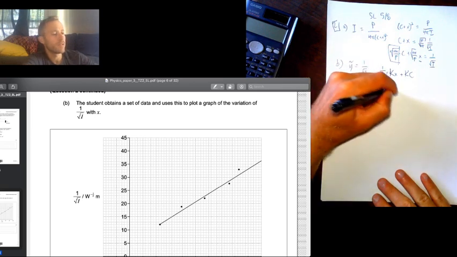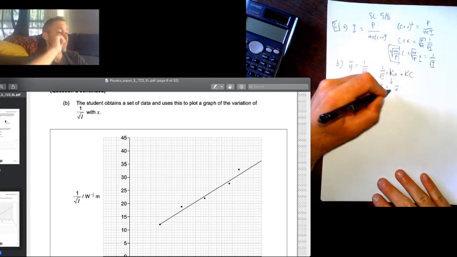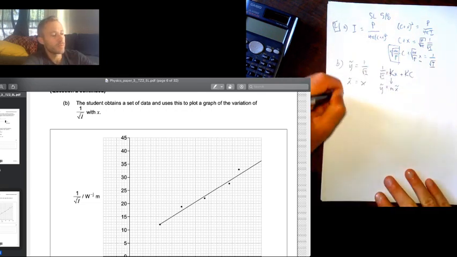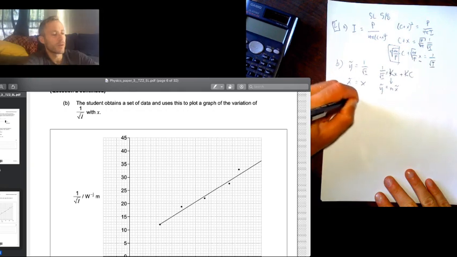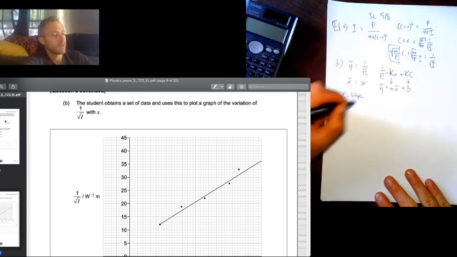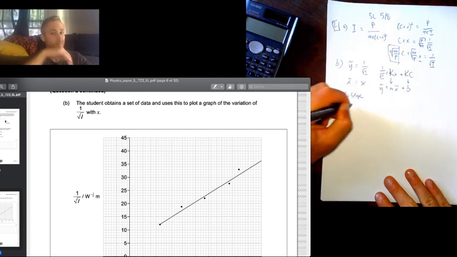So that means that the slope is k. So k equals slope. And furthermore, it looks like kc equals the intercept. All right?